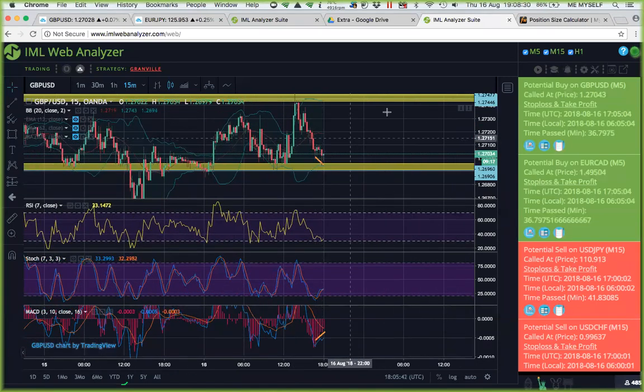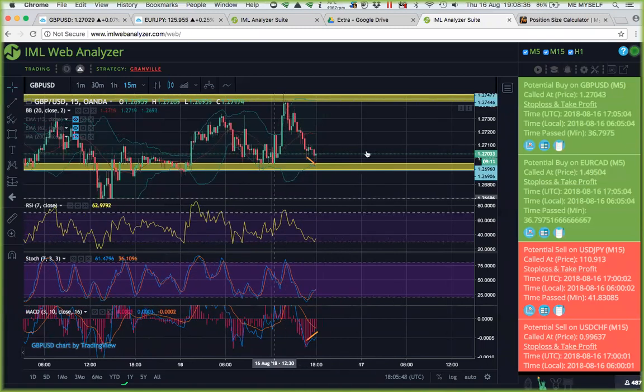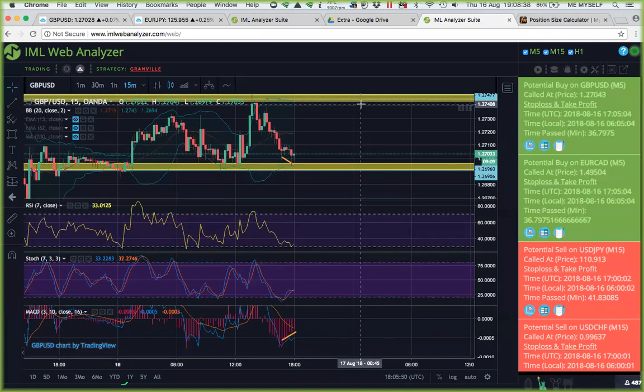We could also use these levels here, our support and resistance, as another take profit target, which is 39, 40 pips away.